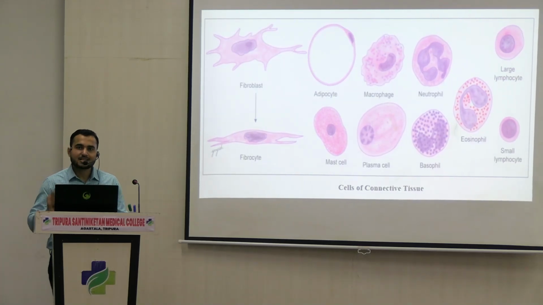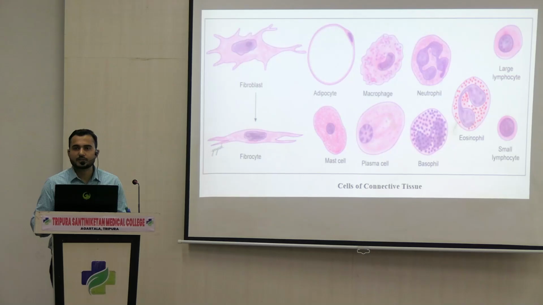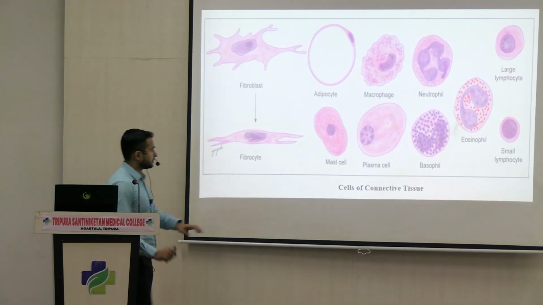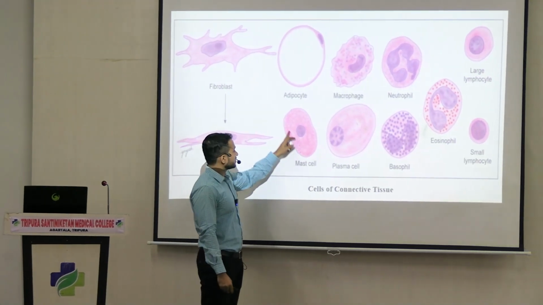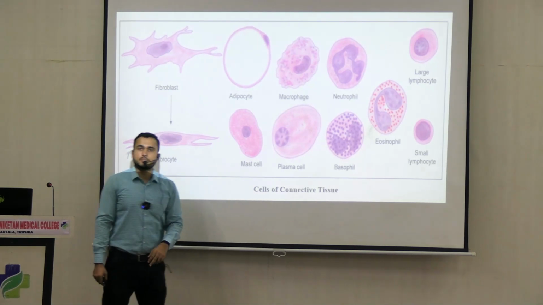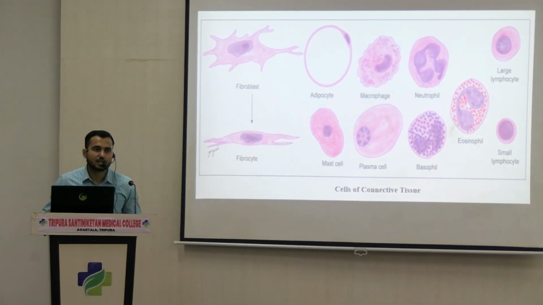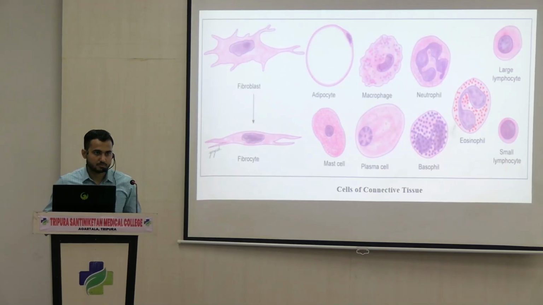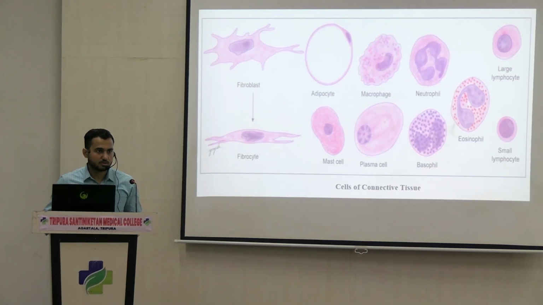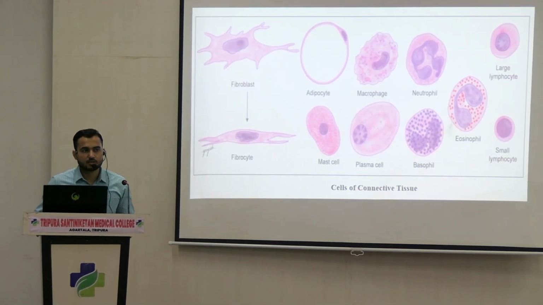Inside the mast cell, numerous granules are present. If you focus on the mast cell, can you see these granules? So a granular appearance will be there in the mast cell, and these mast cells are the precursor of histamine. I hope you have heard about this.